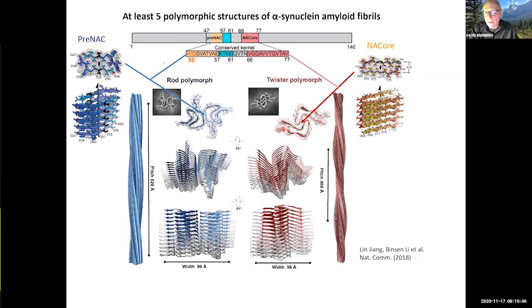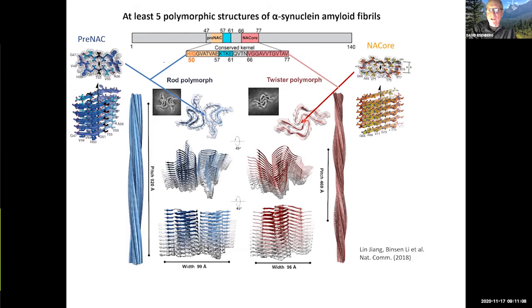And each protofilament is a stack of layers, and each layer is one of these bent polypeptide chains of this core of alpha-synuclein. And they meet at this point here, and this point is the structure of NAC core. It's almost identical to the crystal structure of what is holding the two protofilaments tightly together in the core.